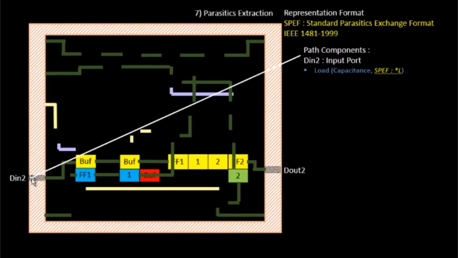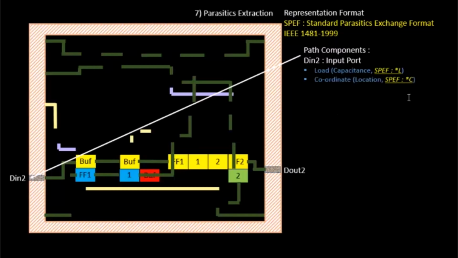This input port does see some load at this point, and that load capacitance associated with D into is represented in SPEF as *L. So *L is the IEEE SPEF format to represent the load of any input port or any net. Wherever you see *L in your SPEF file, it represents the load of that corresponding input port or net.